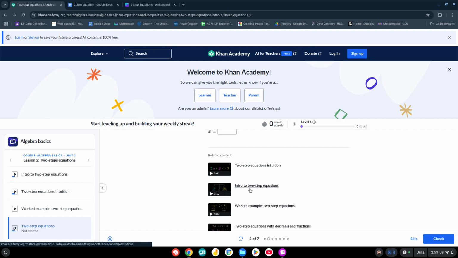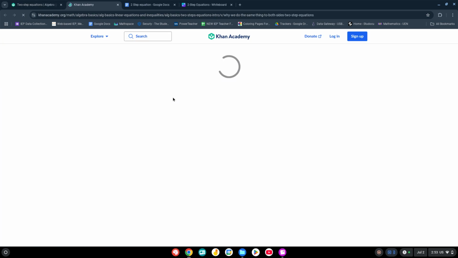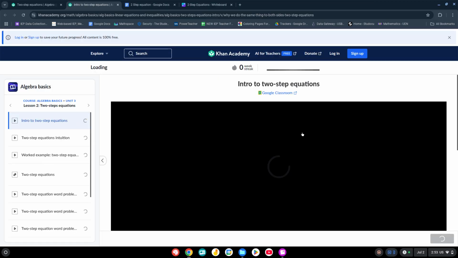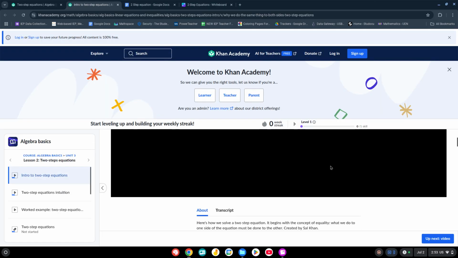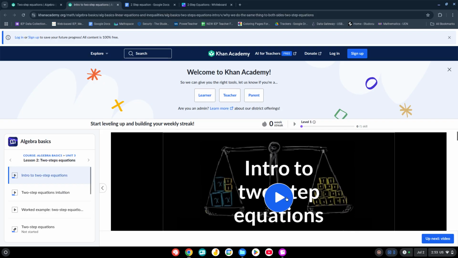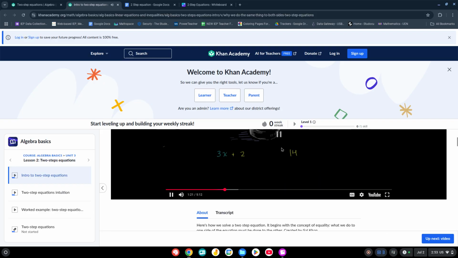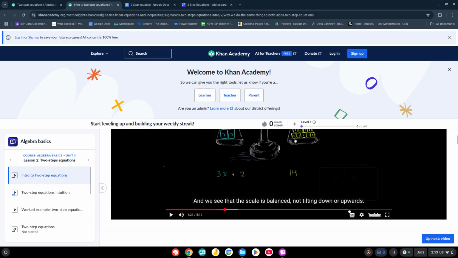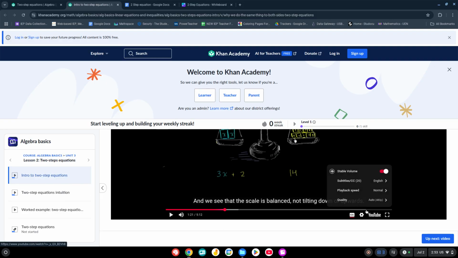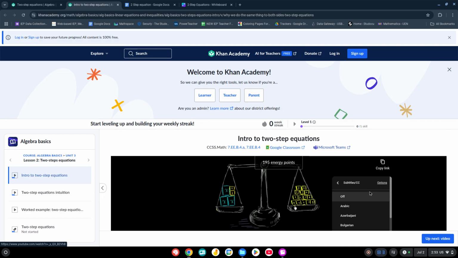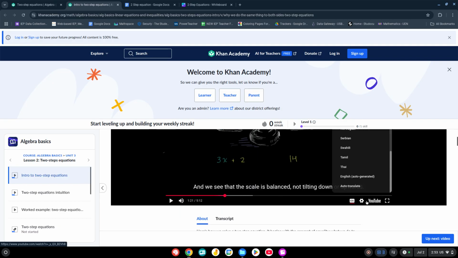This also has options for different languages, so anybody who's an English language learner can have that option. If I were to play it, it has a lot of different options, so that's really nice.